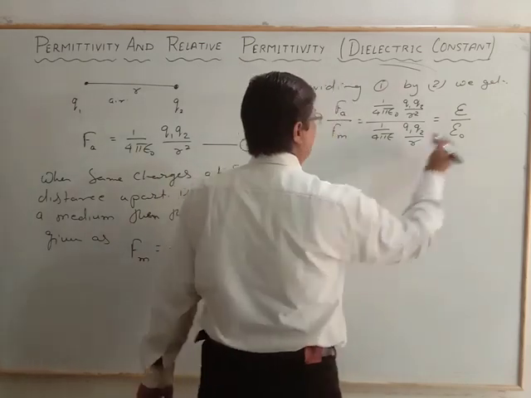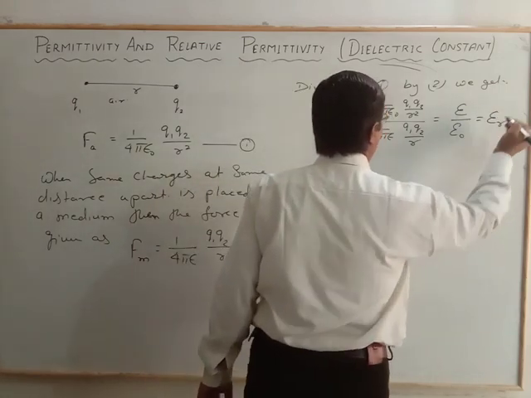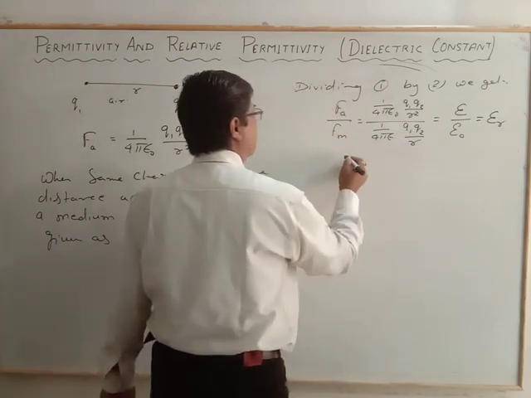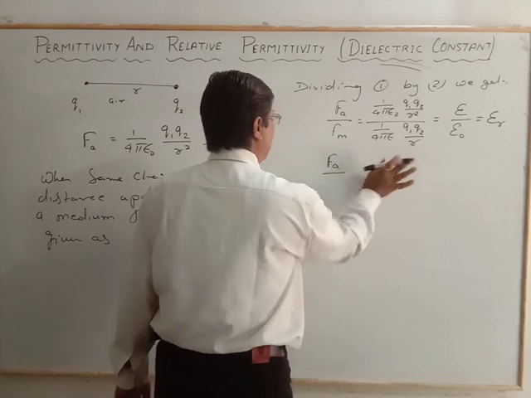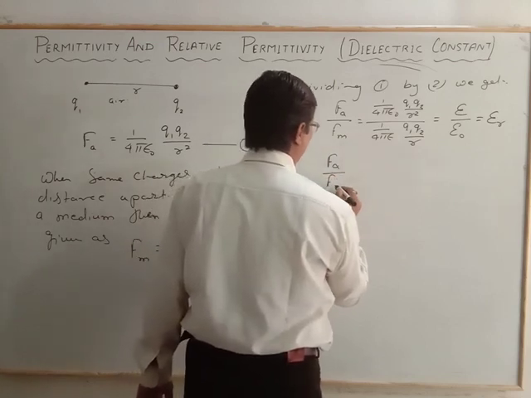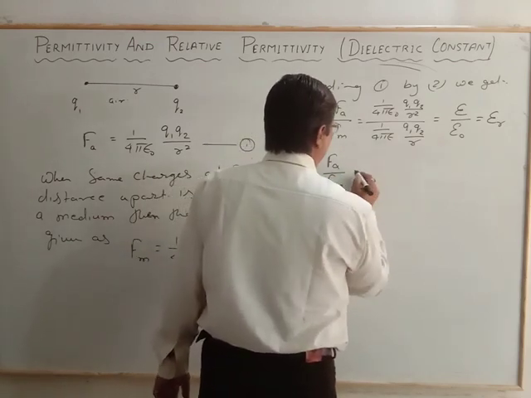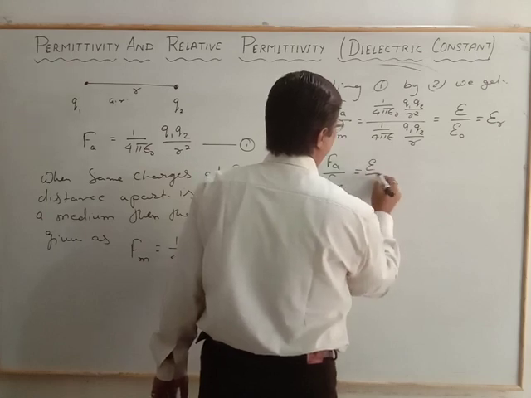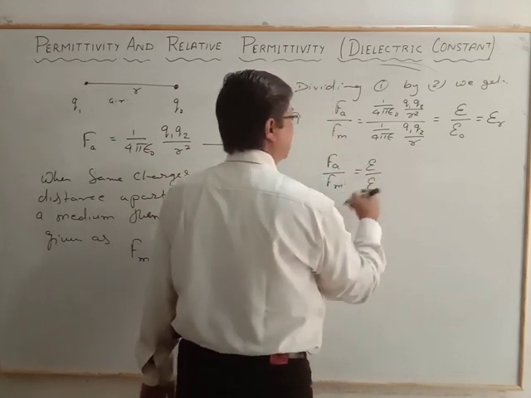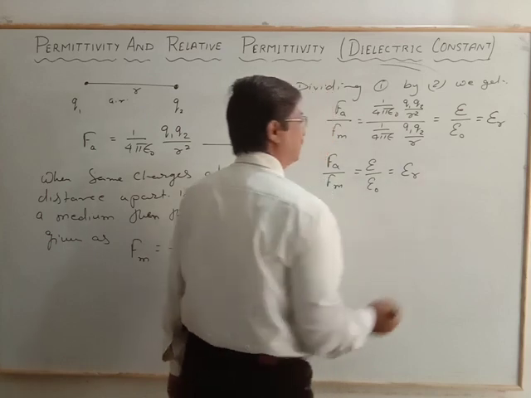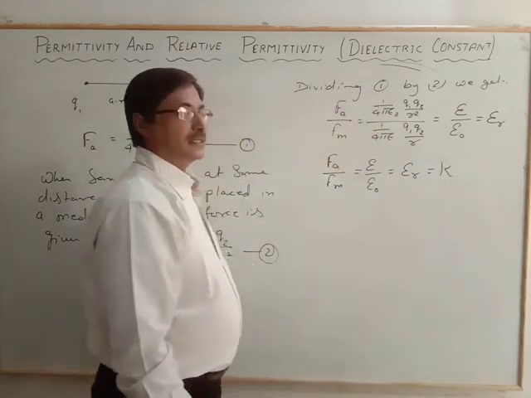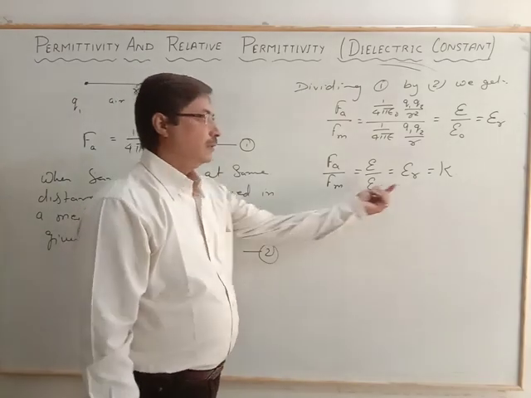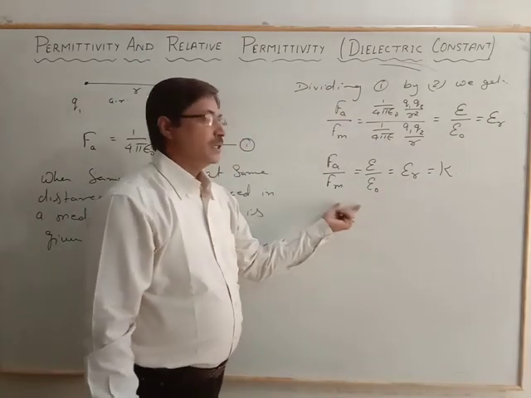We may write F air by F medium, the force in air by the force in medium, equal to epsilon by epsilon naught, which is equal to the relative permittivity, or we may write it as K, the dielectric constant.